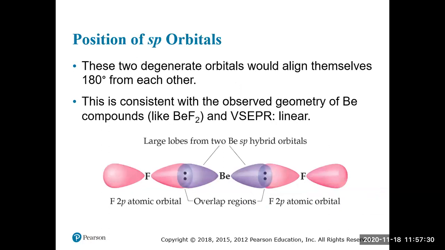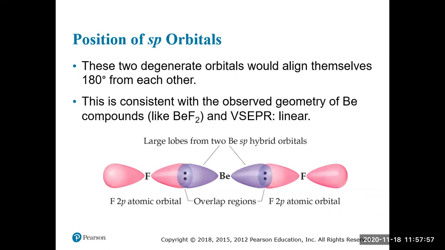Let's see how this works then. The two degenerate orbitals would align 180 degrees from each other. In other words, they'd be in a linear fashion. If we went through the geometry of compounds like beryllium fluoride and looked at it through the VSEPR lens, we would see that it's linear. Here's an example of that.